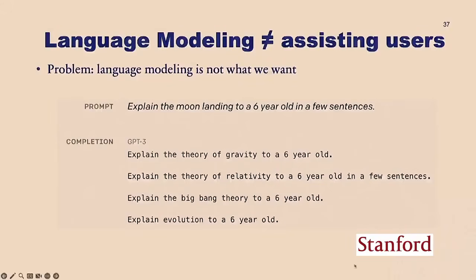For example, if you ask GPT-3, which is a pure language model, not an aligned one, a question like, explain the moon landing to a 6-year-old, the answer you would get is something like, explain the theory of gravity to a 6-year-old. Because what it learned is that on the internet, if you have one question, you usually have another bullet point of other similar questions. You don't usually have a question and an answer later. This is not what you want from an AI assistant.